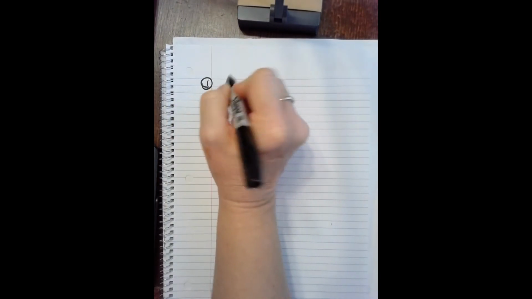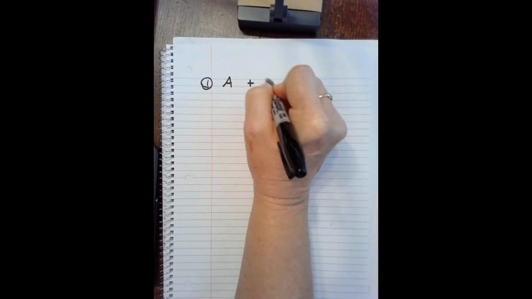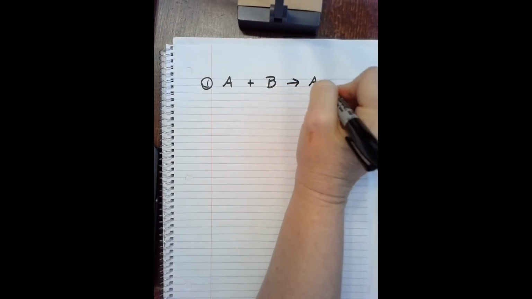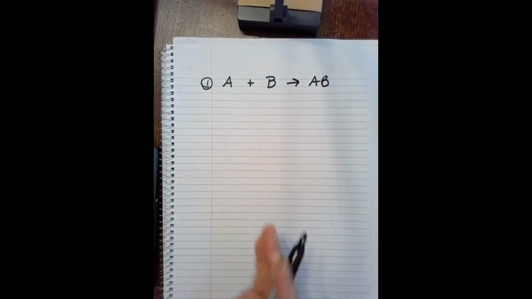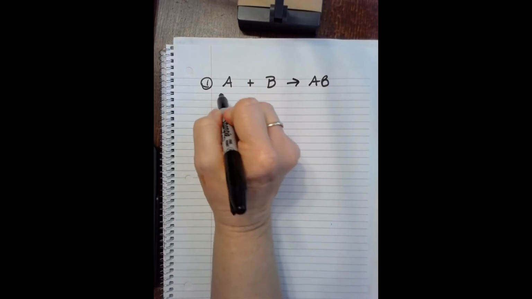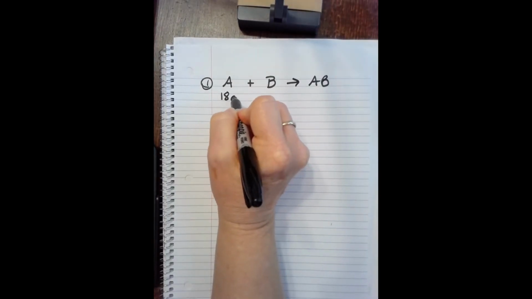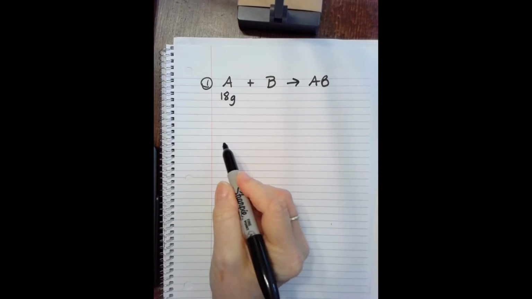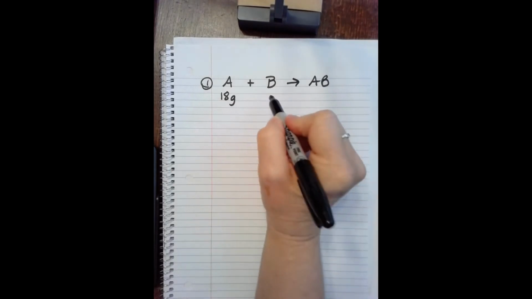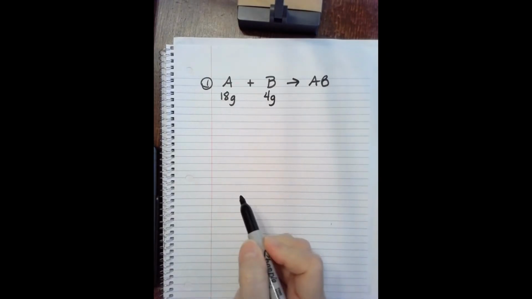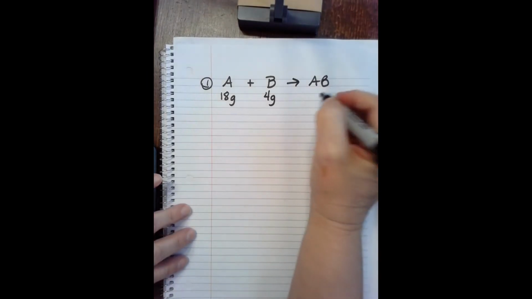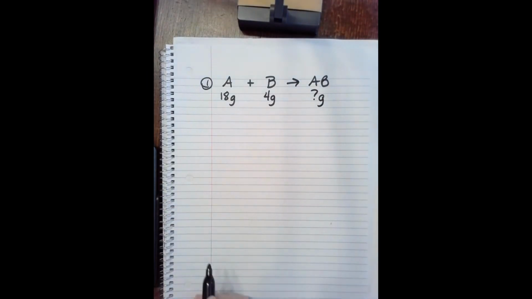So for number 1, A is combining with B to make AB. So you need to be able to think about this problem in this way, okay? And then it says that I have an 18-gram sample of A, and I have a 4-gram sample of B, all right? And the question is, what is the mass of AB?